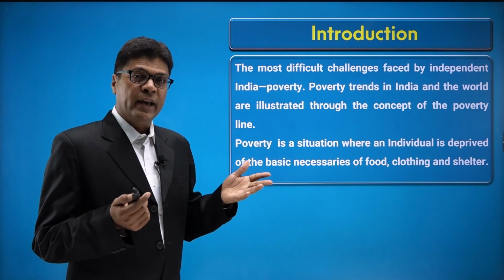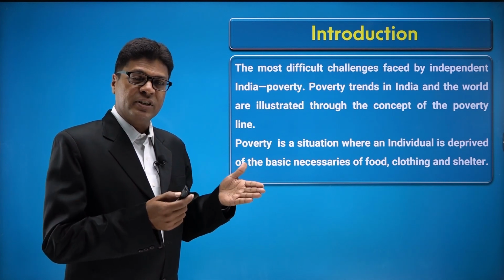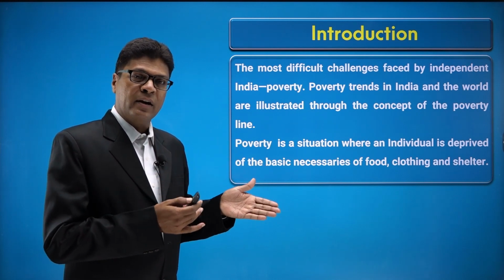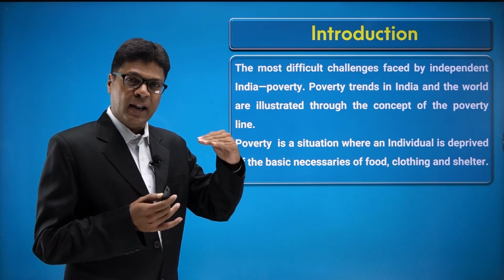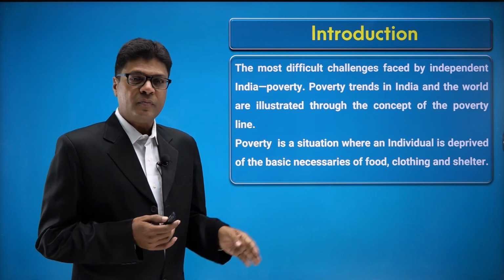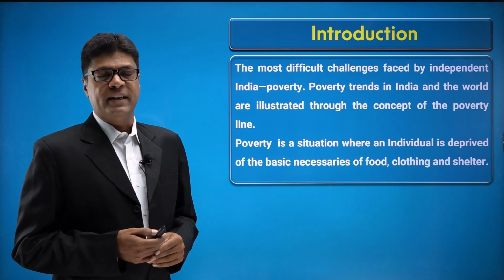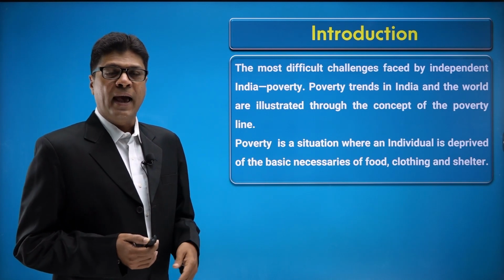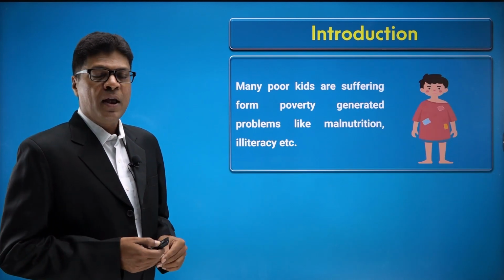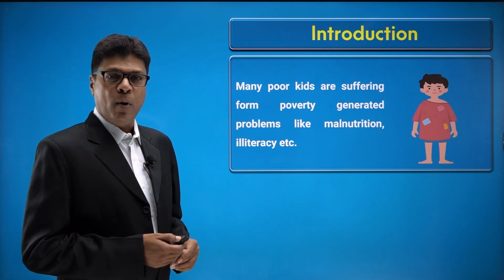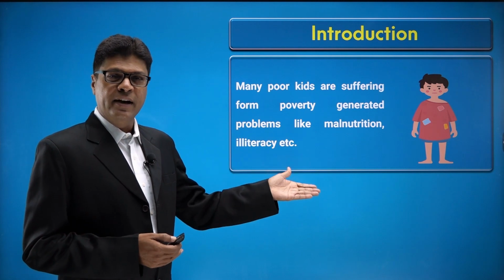As we know, the income of people differs from country to country. That's why the government of that country decides the poverty line ratio of income. Poverty is a situation where an individual is deprived of the basic necessities of food, clothing and shelter, as we discussed. Many kids are suffering from poverty-generated problems like malnutrition and illiteracy.